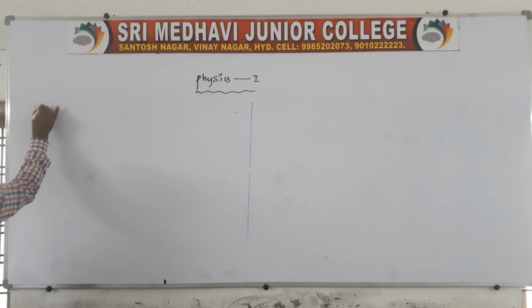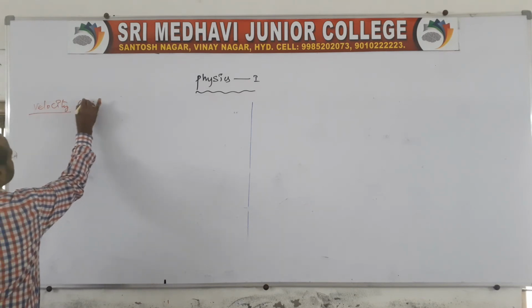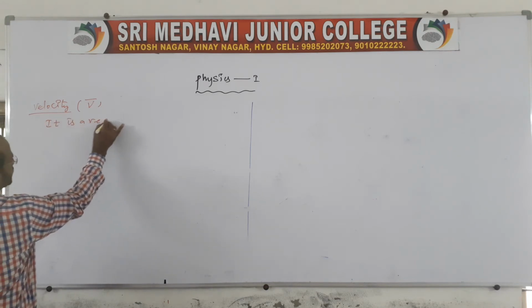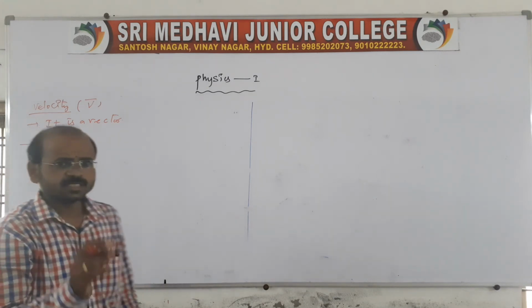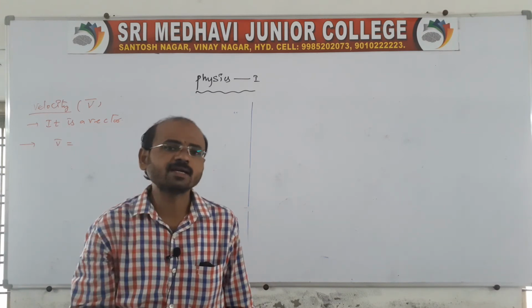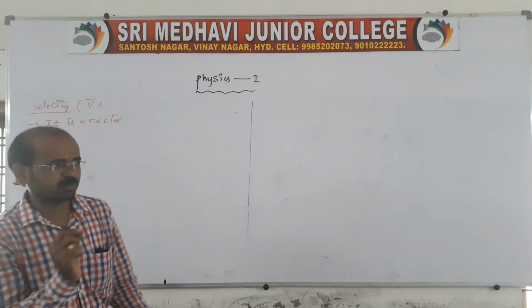So first you take velocity as the heading. We can write v bar because it is a vector. Here you write it is a vector, and velocity is defined as the rate of change of displacement with respect to time, the displacement of a particle. That's what we call the rate of change of displacement.